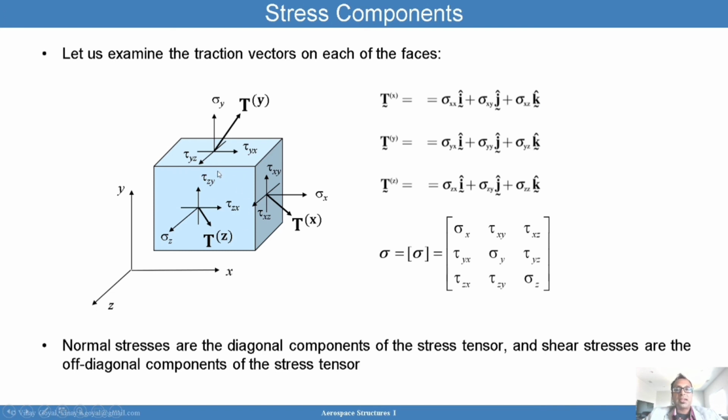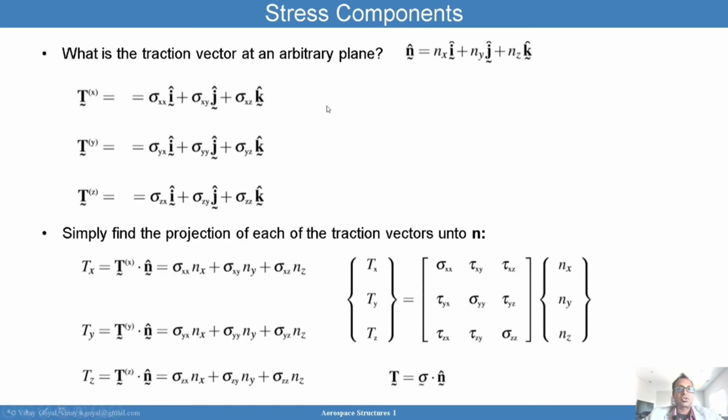What I can look at now is the traction force at an arbitrary plane, at a plane other than the straight faces that we see here, which are defined by each of these coordinate systems. So what I can do is define what plane I'm interested in. Let's say I'm interested in a plane with normal n hat.